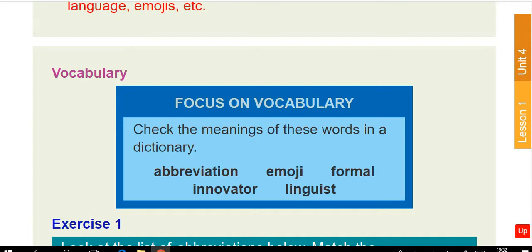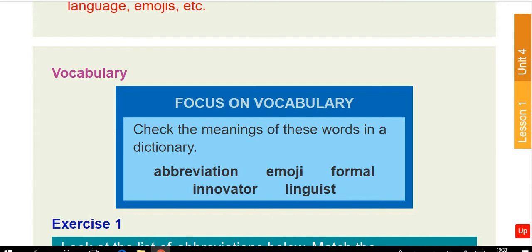Innovator is a person, a creator. We have another noun from the word innovator, which is innovation. Innovation is the creation or the new things itself, to renew things. Then innovate is the verb, and the verb here means to make things new.